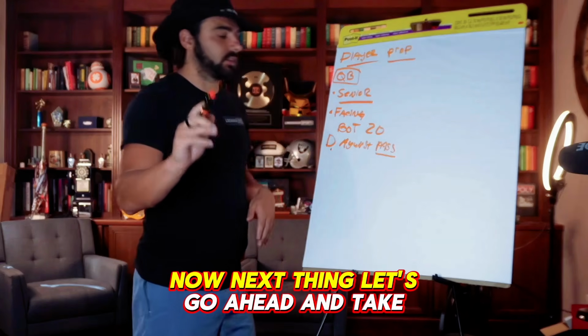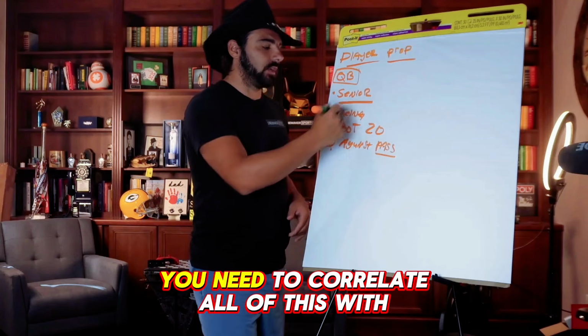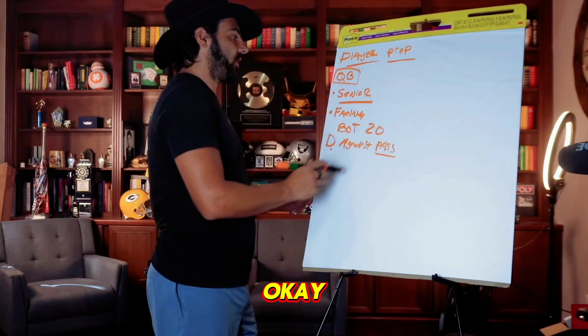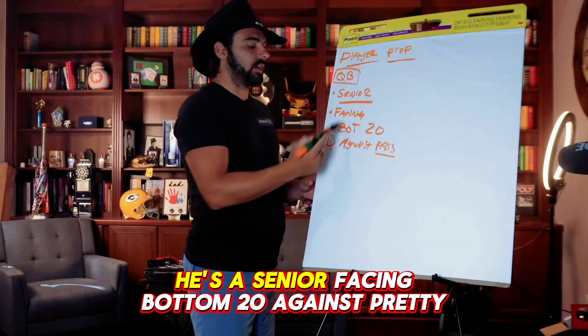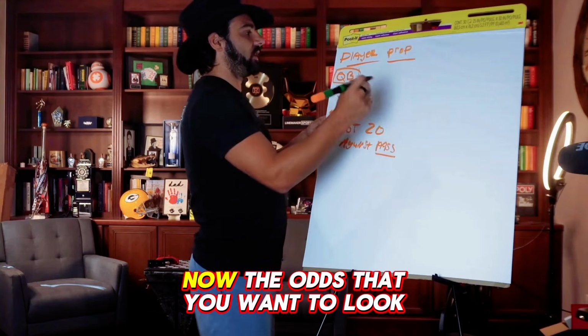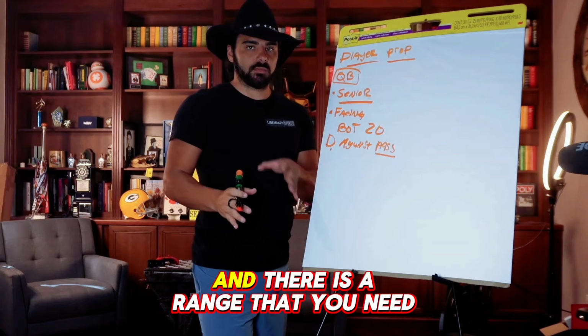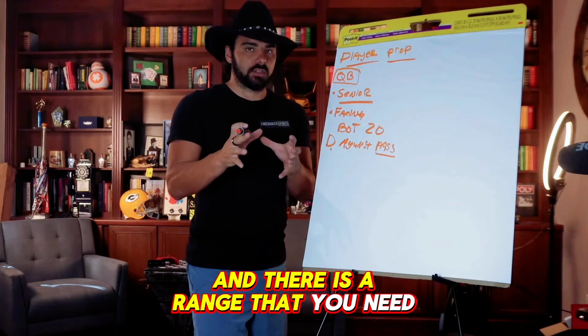Now, next thing, let's go ahead and take a look at exactly what number you need to correlate all of this with, okay? So, got the QB, he's a senior, facing bottom 20 against a pretty bad pass defense. All right. Now, the odds that you want to look at, because I've done years of research on this, and there is a range that you need to be in.